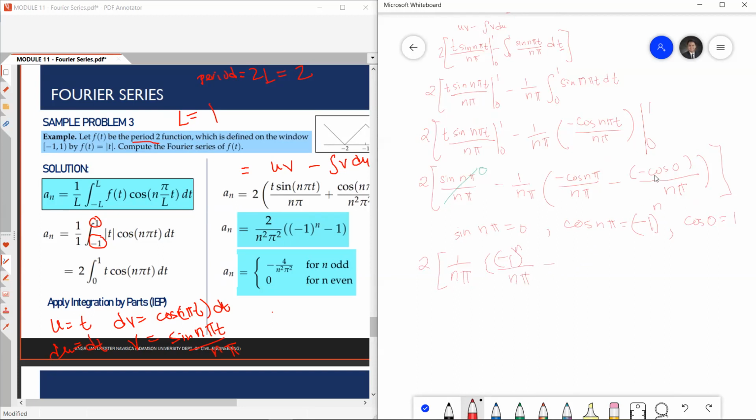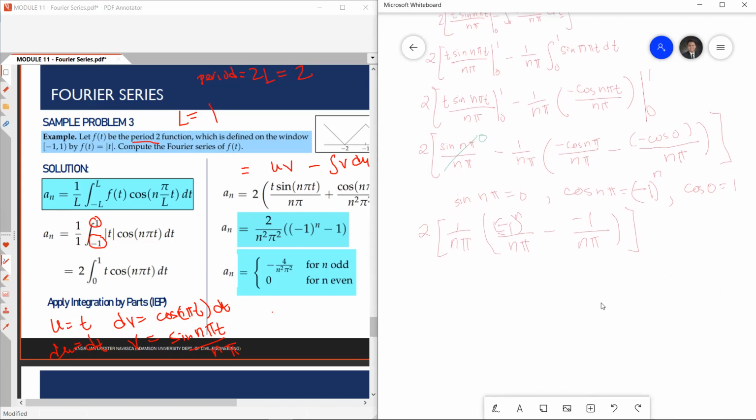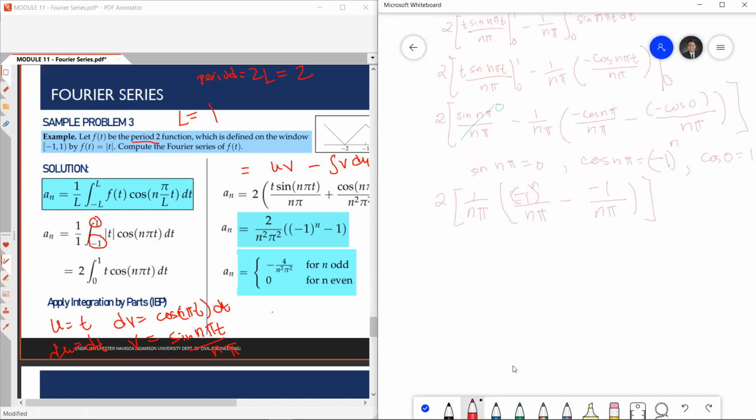Minus yung cosine 0 will always give me negative 1. Negative cosine 0 always give me negative 1 over n pi. Okay? Yan. So, if we cancel out negative sign sa dito sa loob, factor out negative 1.